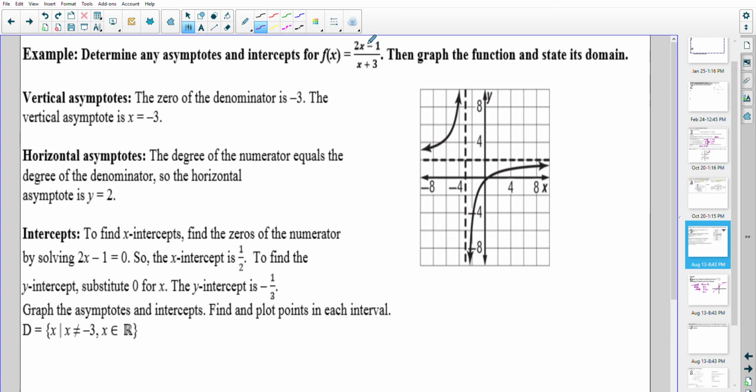Again, looking at the exponents here, 1 is equal to 1, which tells you that it's going to be the ratio. The horizontal asymptote is the ratio of the coefficients, which is really going to be 2. Therefore, y equals 2 is going to be your horizontal asymptote. Vertical asymptote, y equals -3.